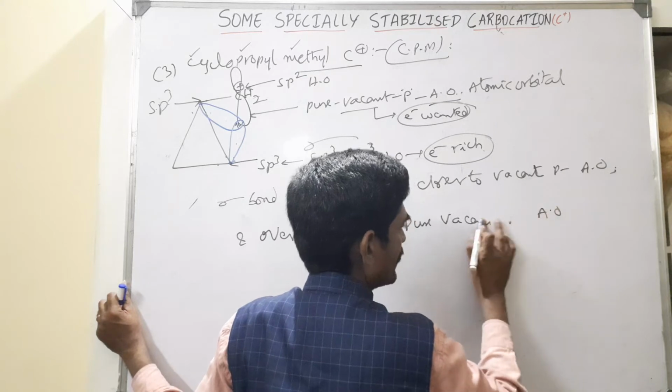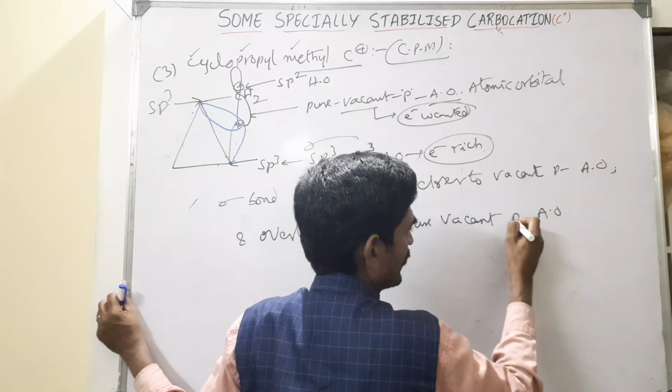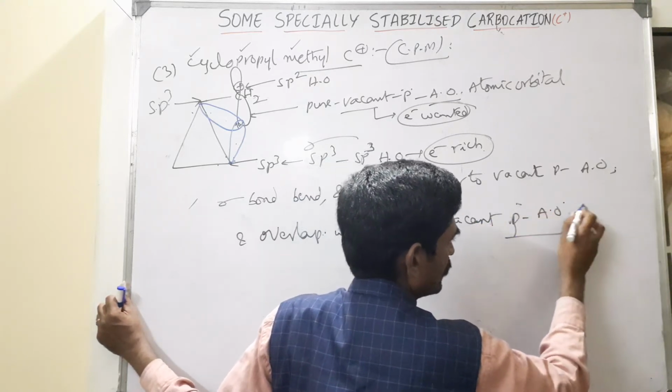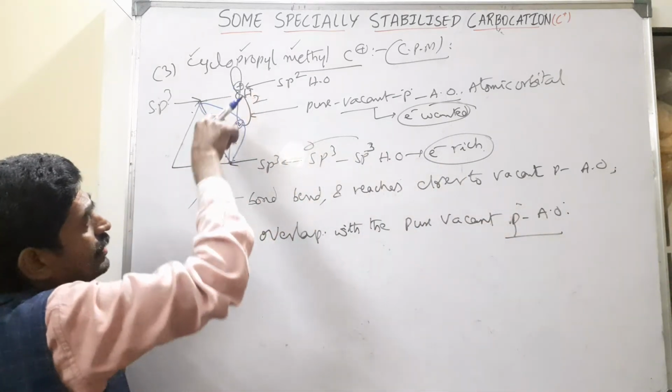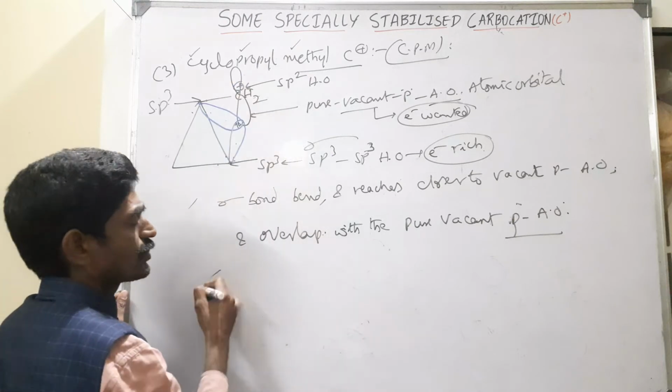Because of that, what happened? Then the electrons are getting into this vacant pure p atomic orbital.